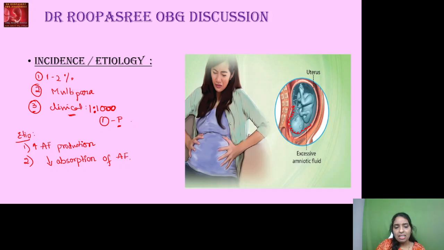The baby will be swallowing the fluid, again the baby will be urinating, some amount of fluid will be coming from the placenta and membranes, like that we have studied in the previous classes. So there is increased production and decreased absorption of the amniotic fluid. Now we'll come to the exact etiology. What are the conditions which lead to this increased amount and decreased absorption?